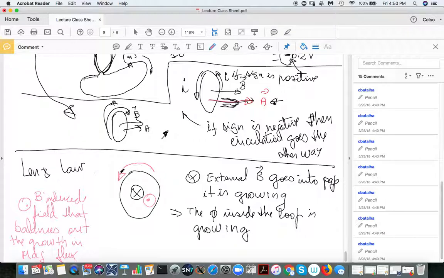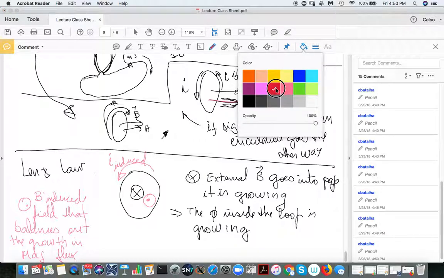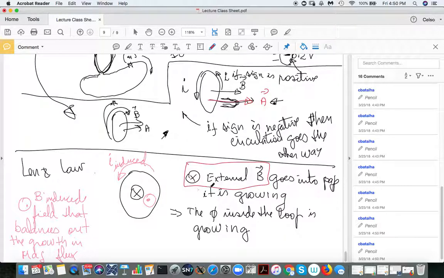This is the induced current. Induced because of what? Because you have some external magnetic field that is growing and therefore growing the magnetic flux inside the loop.